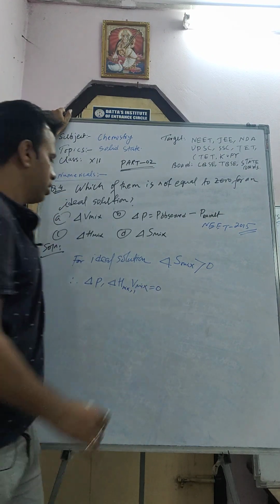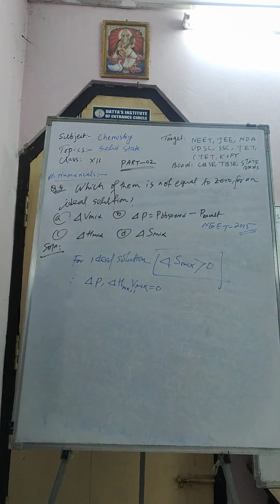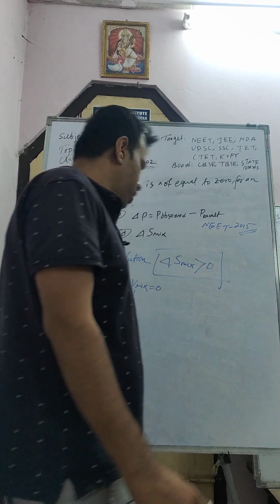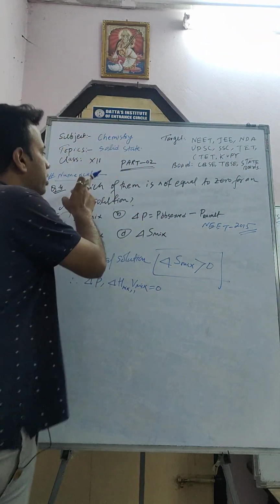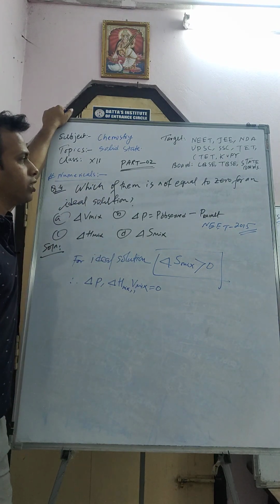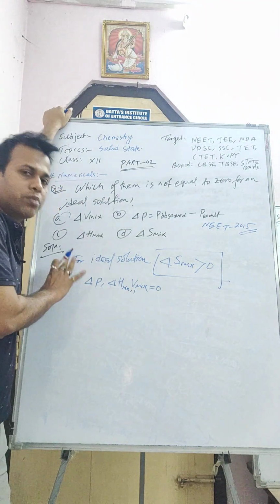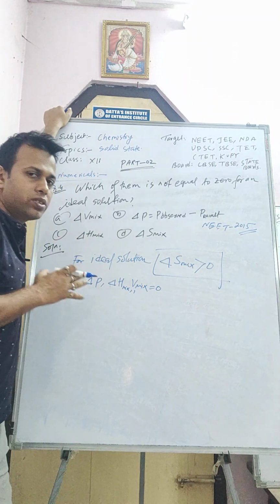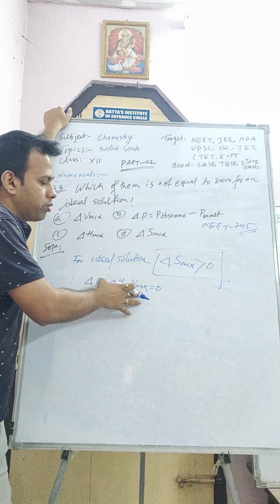So what is the condition? Delta S mix is greater than 0, and the other parts, that is change in pressure, change in enthalpy, change in volume, will be 0 in case of an ideal solution. Change in volume of the mixture will be 0.